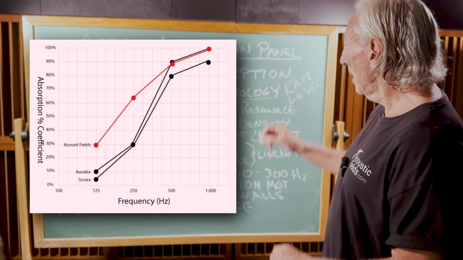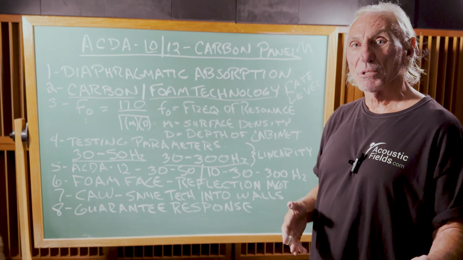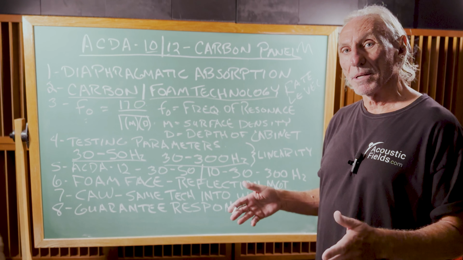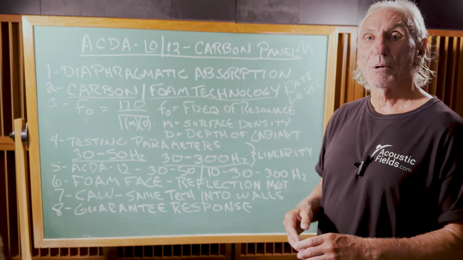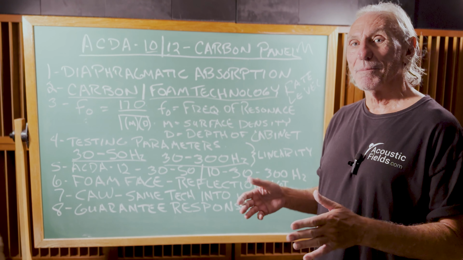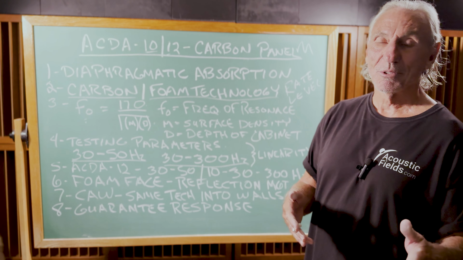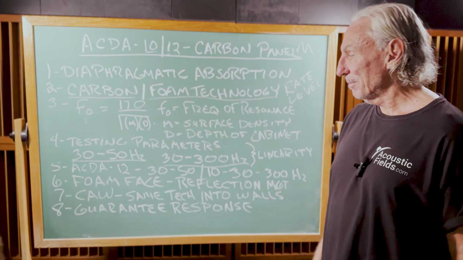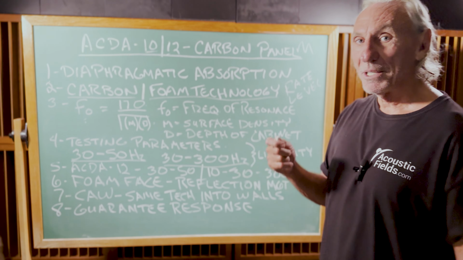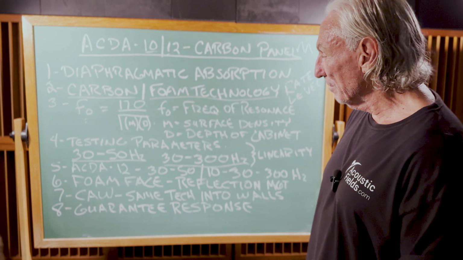You can't have huge spatial irregularities in frequency response with your treatment, because you have huge irregularities in your room response. So you can't use one problem to treat another problem. And that's why we have that linearity in all of our products. And that's what's so critical for treatment.